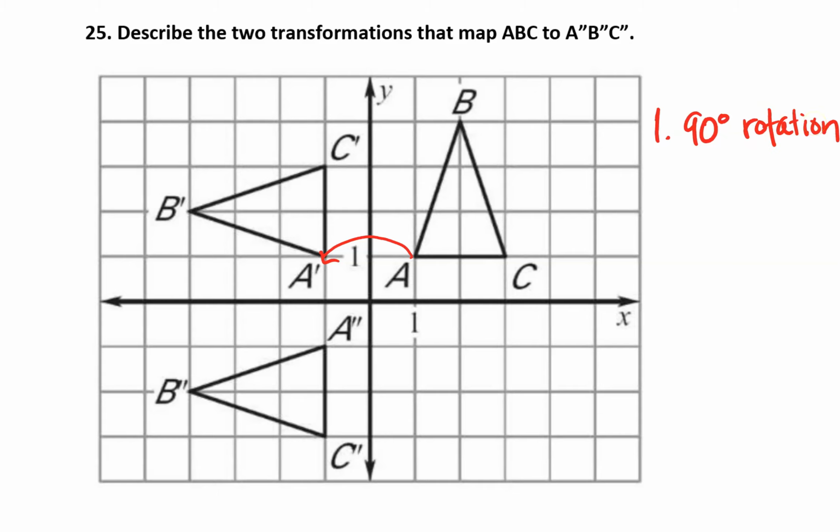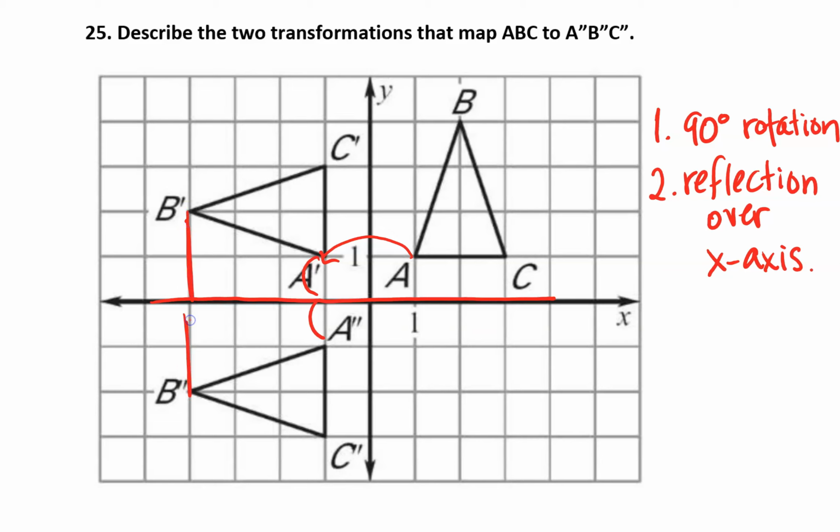And then from here to here, the coordinates aren't in the same relative position, so I'm going to look for something else. And this then has been reflected over the x-axis. So number 2 is a reflection over the x-axis. See, this is 2 units away, that's 2 units away.